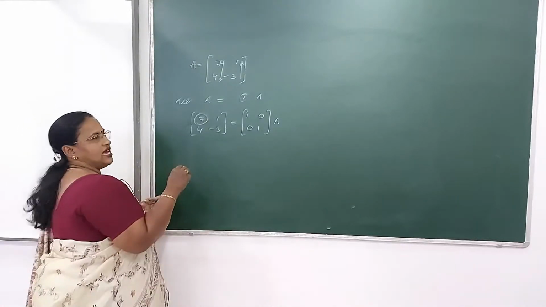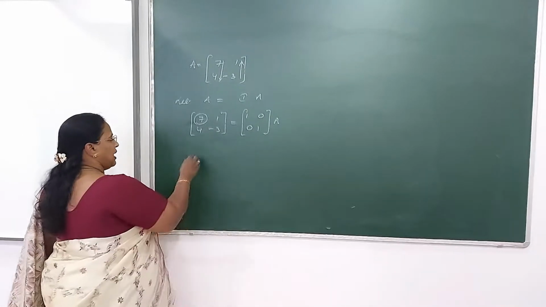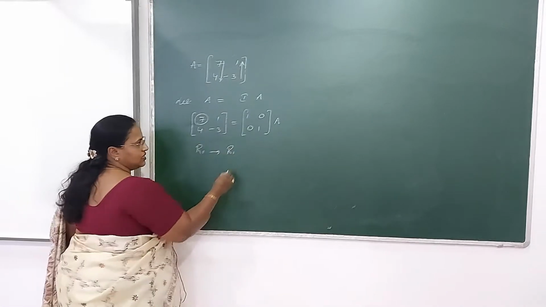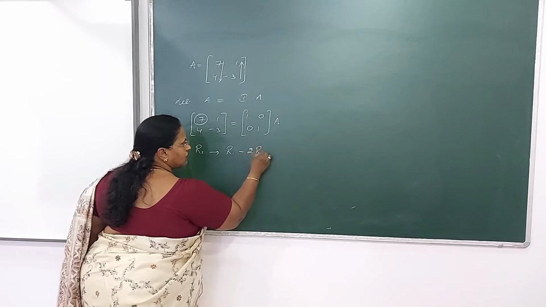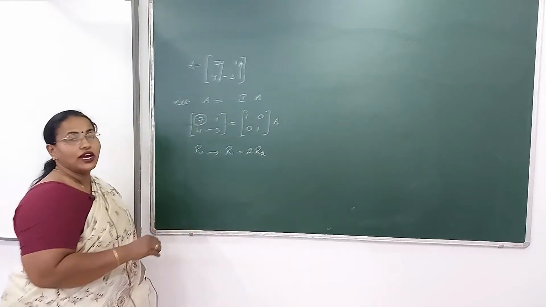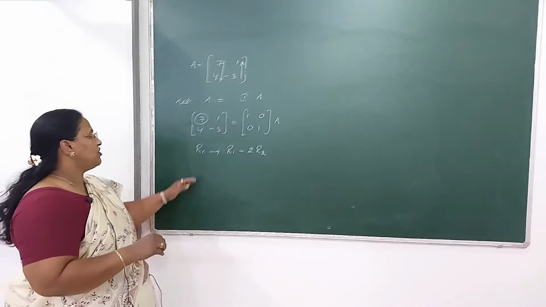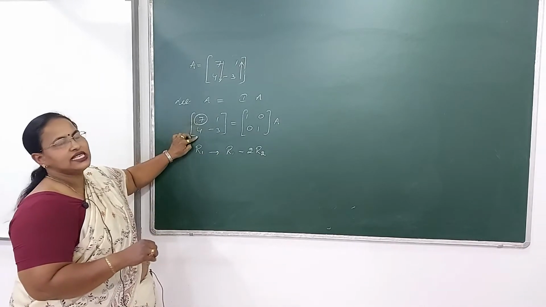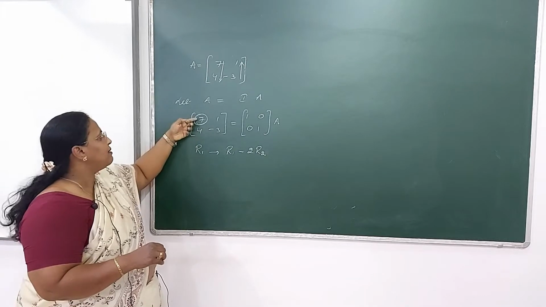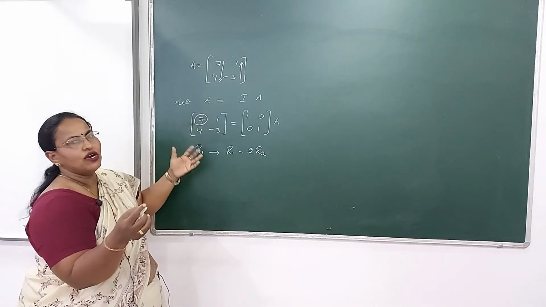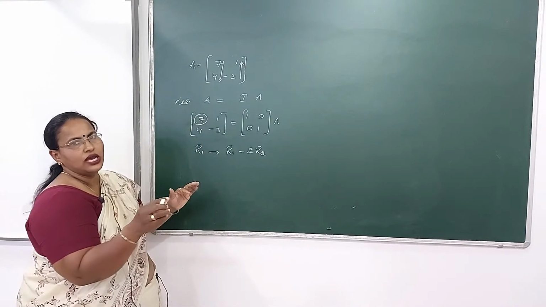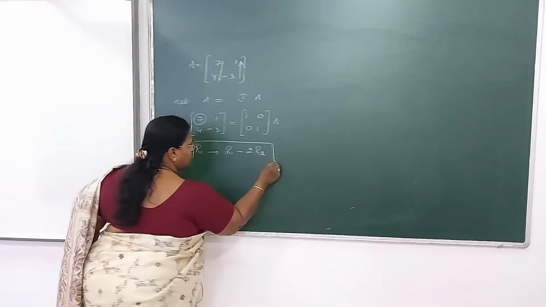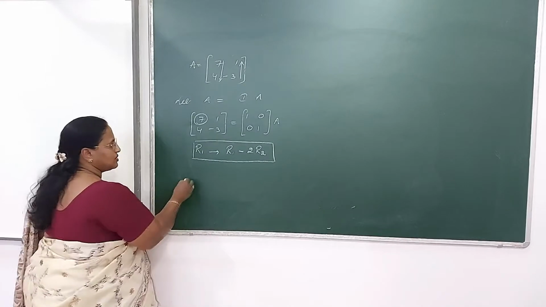So I will be taking the help of R2, like R1 replaced by R1 minus 2 times R2. Why am I doing this? Because if I apply this operation, then it's 7 minus 8, so you will get minus 1. And to convert minus 1 to plus 1 is not a big deal. So let us apply this, R1 replaced by R1 minus 2 times R2.